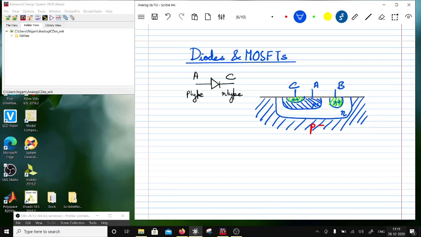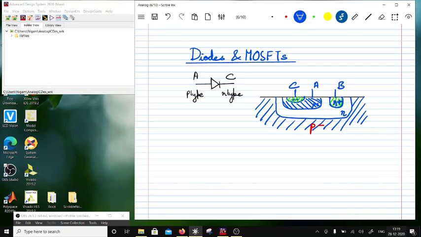Now this is N plus for a reason. When you form a junction, you don't want the metal to be interacting with the semiconductors. So the way to do this is a heavier doping on the N plus. So that's what N plus is, a body terminal, right?